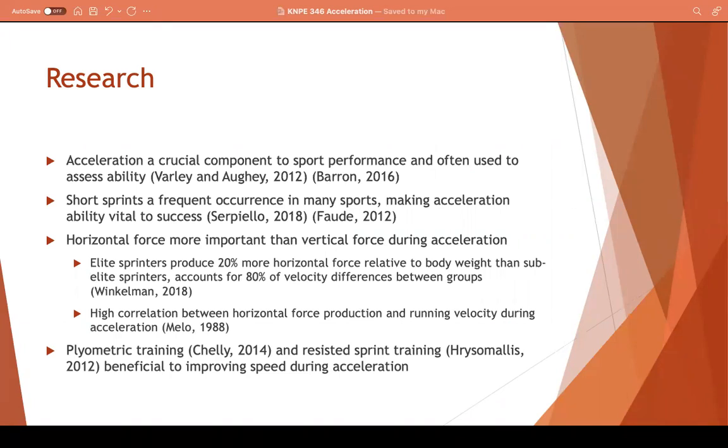It is important to note, however, that horizontal force is of much greater importance to acceleration than vertical force is, as we are looking for athletes to push and explode forward rather than upwards. Winkleman demonstrates the need for horizontal force in his 2018 study, showing that 80% of the difference in velocity between elite and sub-elite sprinters is due to the superior horizontal force produced by elite sprinters. Mello's study echoes this, showing a high correlation between horizontal force and acceleration speed.